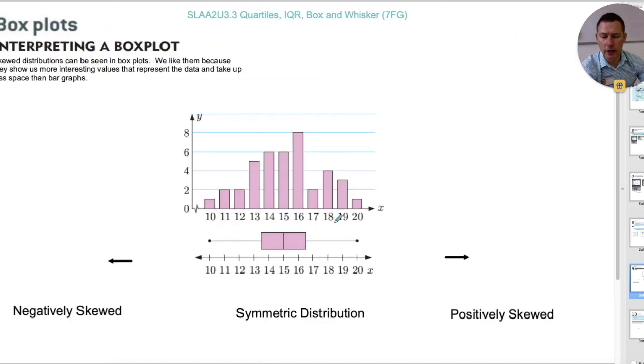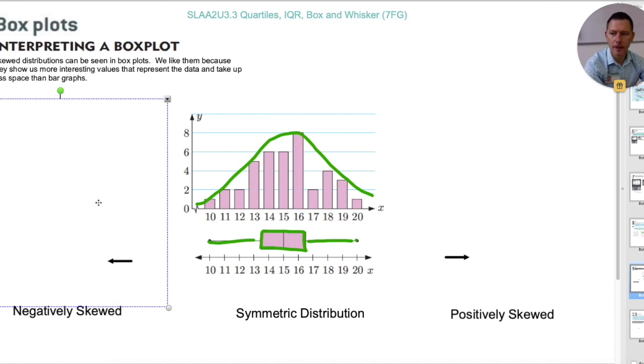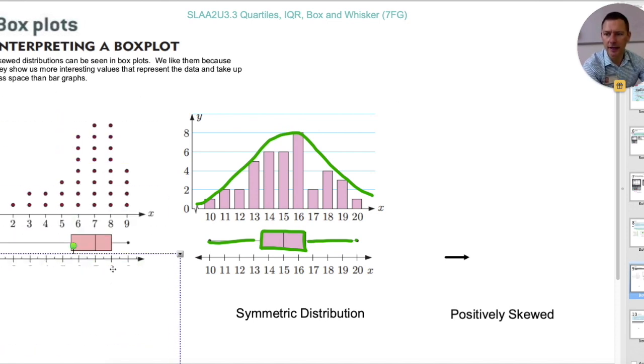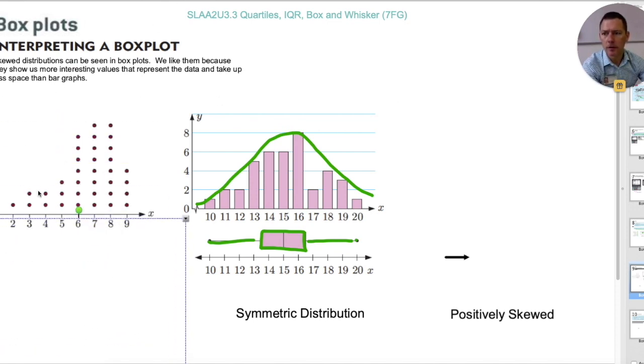So if you looked at this data, this has kind of a nice curve, and this is symmetrical, right? These are about the same distance out. If you have a negatively skewed data set like that, it kind of looks like somebody pulled the tail on this one towards the negative side.